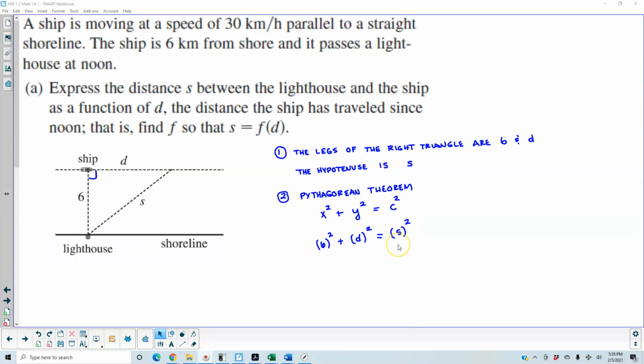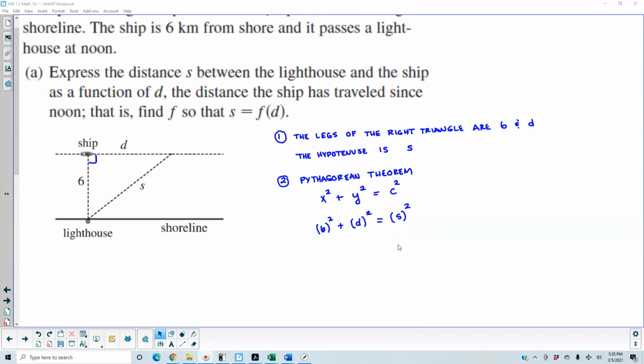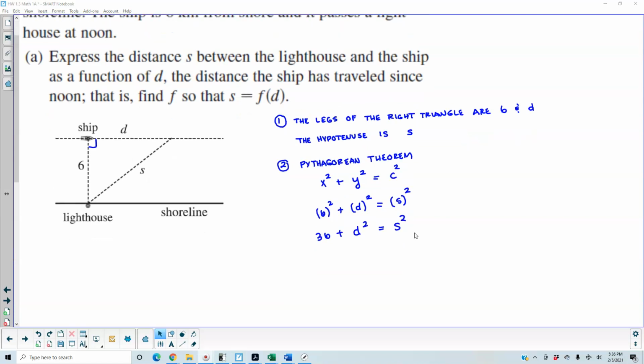And so what we're going to do here is solve for S. So 6 squared is 36 plus D squared, which is equal to S squared. And now we want to solve for S. So I'm just going to rewrite this where S is on the left side of the equation. So we have S squared, which is equal to D squared plus 36.